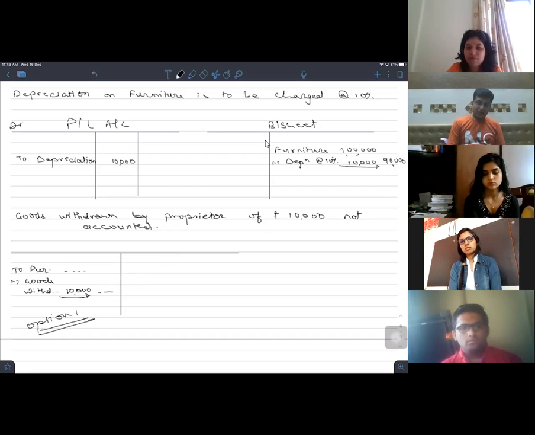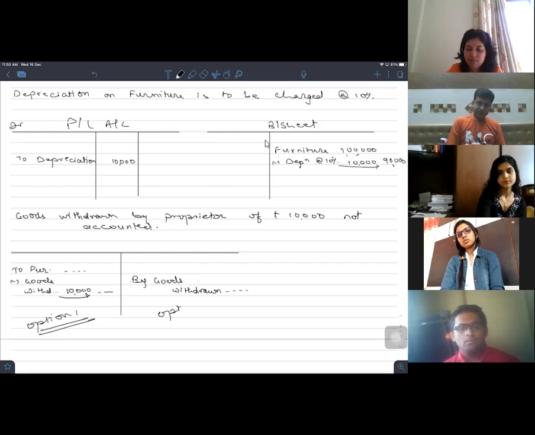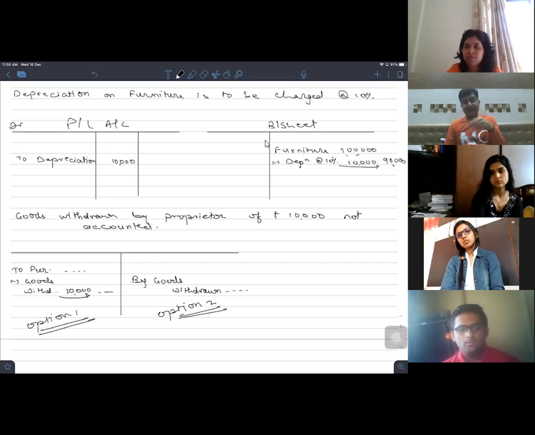Whereas we can have the another option as what? We can show it into the trading account credit side as by goods withdrawn. This is our option 2. But this is only for one effect. The second effect is yet to be given.